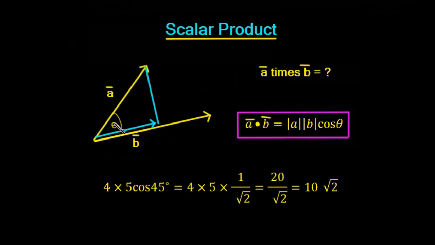But if vector A was lying exactly on top of vector B, then the angle would be 0 degrees, and the cos of 0 degrees is equal to 1.